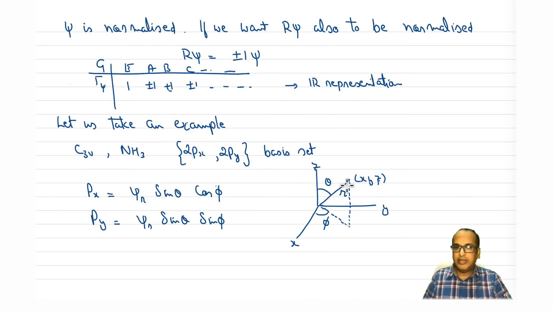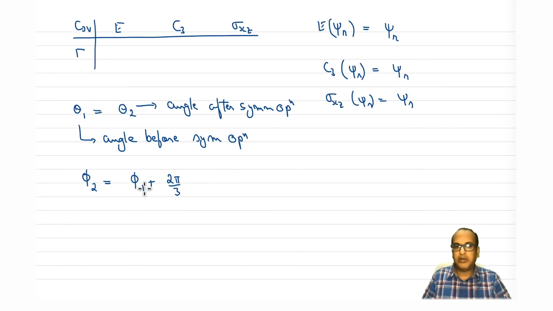We are taking this vector and rotating it by 120 degrees, so the new phi will be phi plus 2 pi by 3, phi plus 120 degrees. So phi 2 is equal to phi 1 plus 2 pi by 3. Now what happens to cos phi 2? This will be cos of phi 1 plus 2 pi by 3.